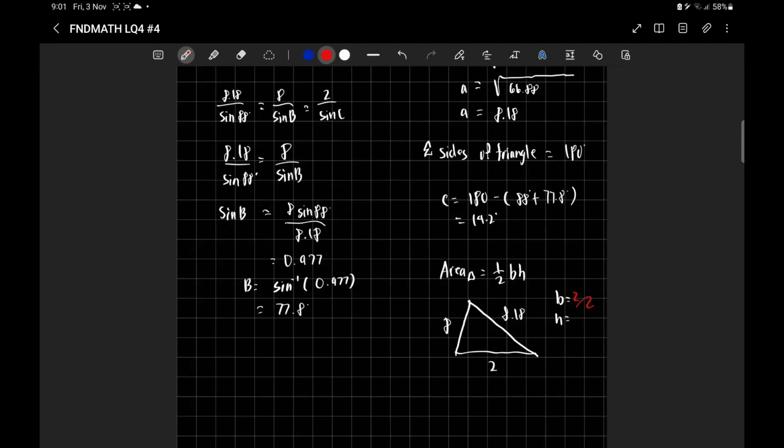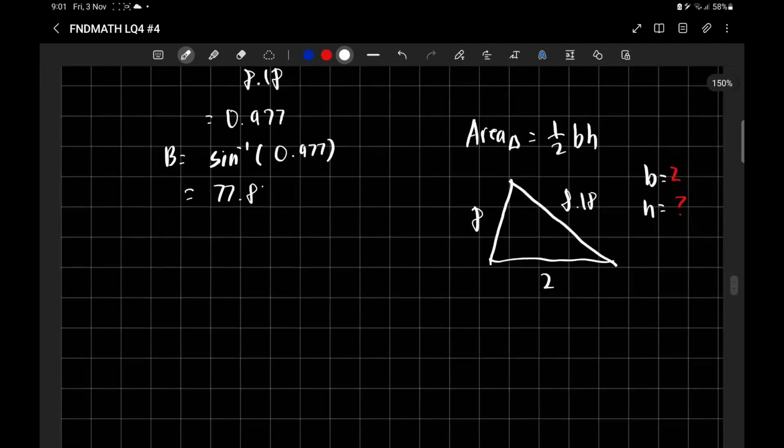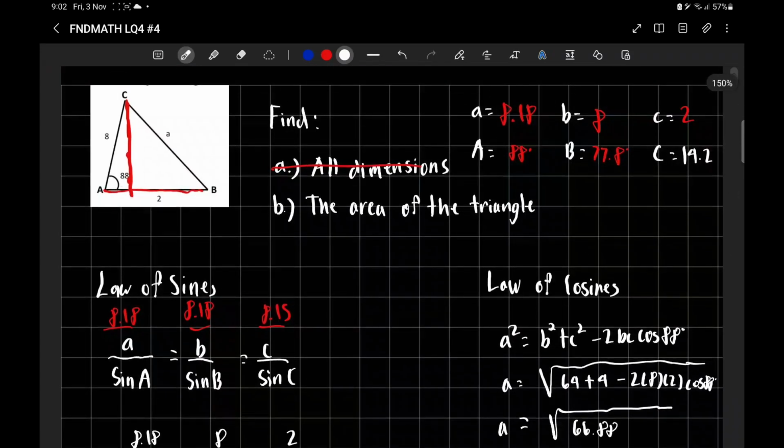So what is it? How do we solve it? Well, I mentioned earlier that we can't use the trigonometric functions beforehand, because we can't use opposite over hypotenuse, since it's not a right triangle, but we can make it into a right triangle. What I mean by that is you can split this into 2 different triangles, right? So that we can have a right triangle. If we split it into 2, you can observe we have a right triangle over here. The angle over here is just equal to 88 degrees from the previous example.